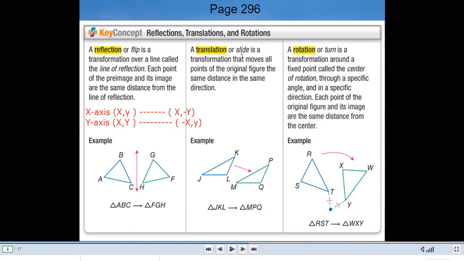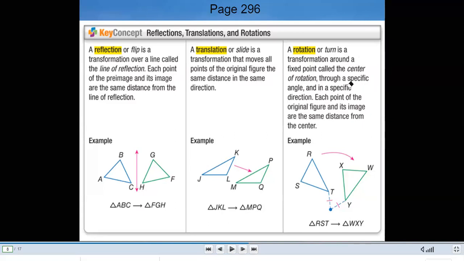Let's move to the last one, about rotation. What is the key word related to rotation? Turn. A rotation, or turn, is a transformation around a fixed point, called the center of rotation, through a specific angle and a specific direction.